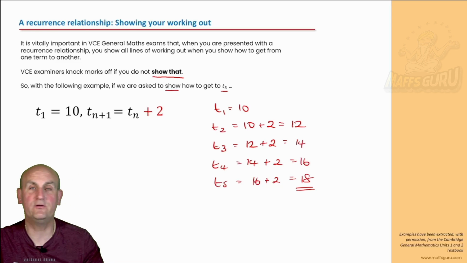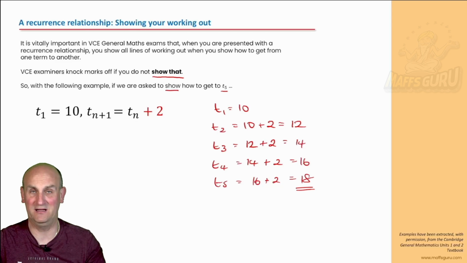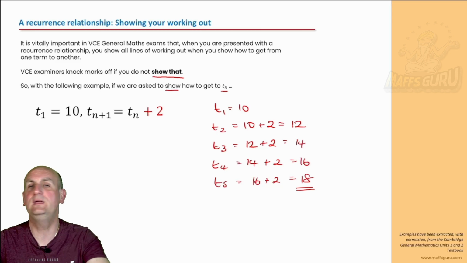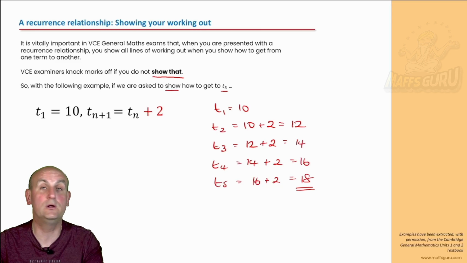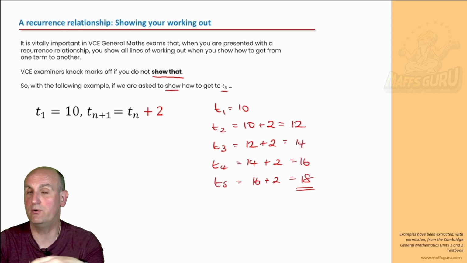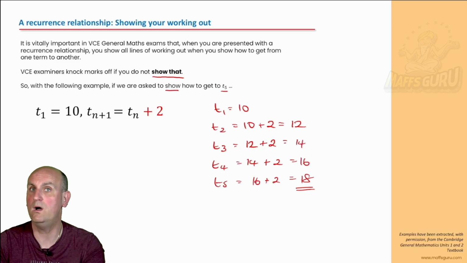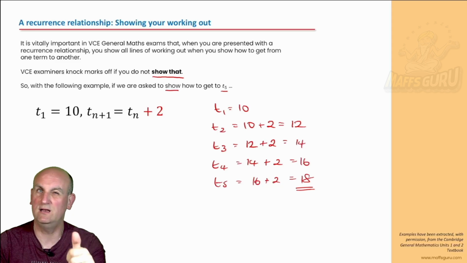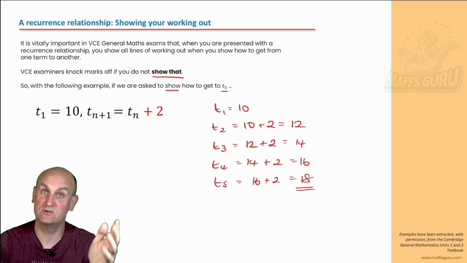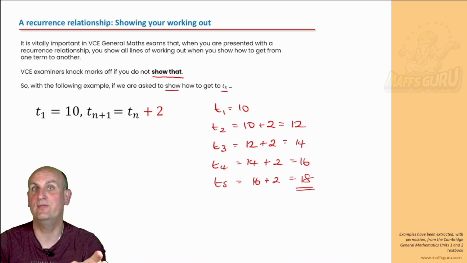Now again, you're going to turn and say, that is a lot of chopping work. And I'm going to say, yeah, I agree with you. But VCAA are the ones who are handing out the marks. And if you ignore what they're asking you to do, you're not going to get the marks. And General Maths next year is probably harder than you think. Why? Because the questions are written in a very strange way to try and trick some of you. And more importantly, they expect and they know, sorry lads, that there'll be lots of boys out there who just won't do what they're expected to do.